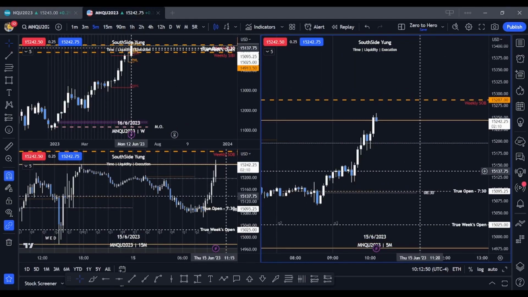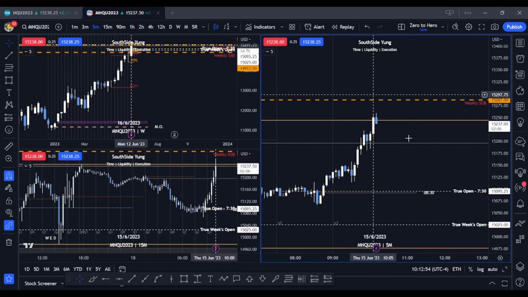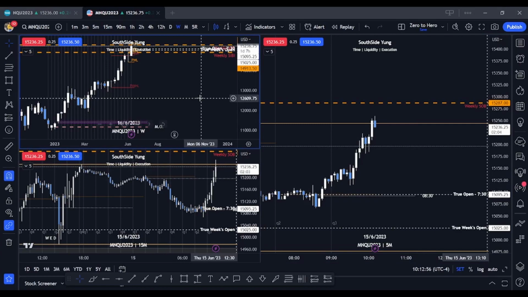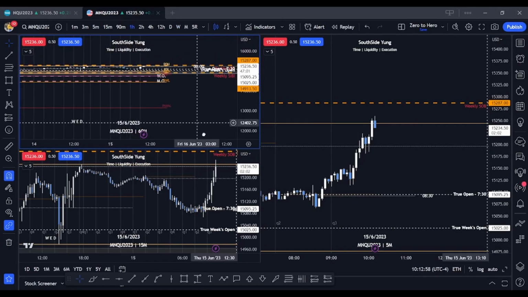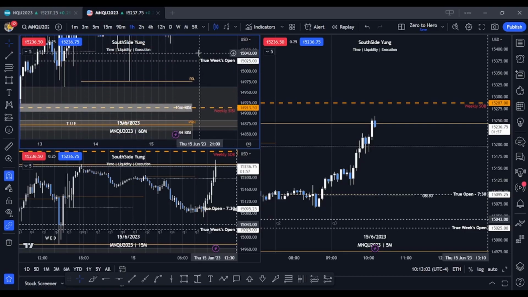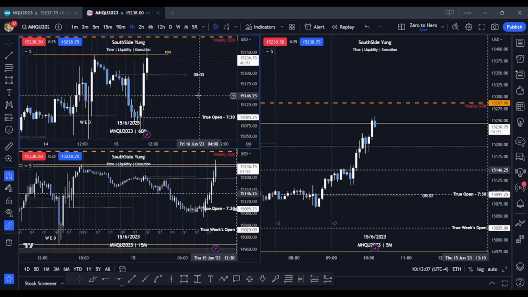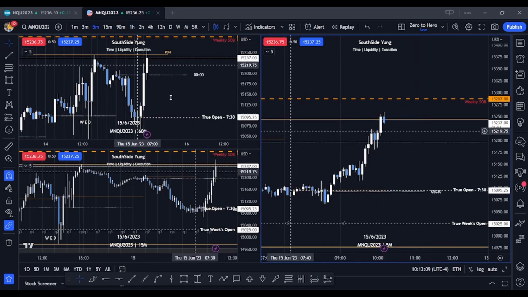Previous day's high right here. Maybe wait till 10:30 for our weekly order block to hit. All of these PD arrays got violated because the draw on liquidity is probably just continuing to go up. Weekly order block again.